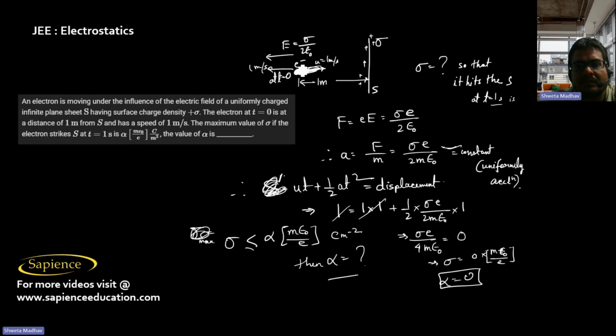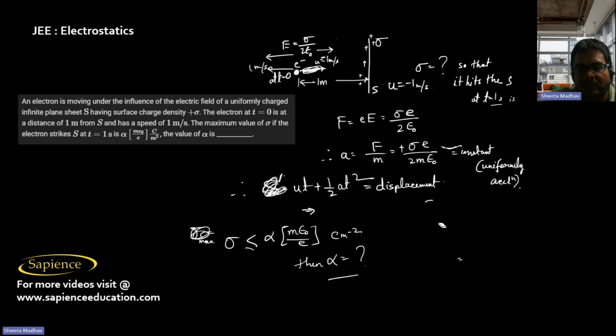Then it will get retardation from here. So I can say this u, I should take it as minus 1 meter per second, and acceleration will be plus, since the acceleration is acting towards the right. So I can say minus of this, so this won't cancel. So therefore I can say this part is wrong then.